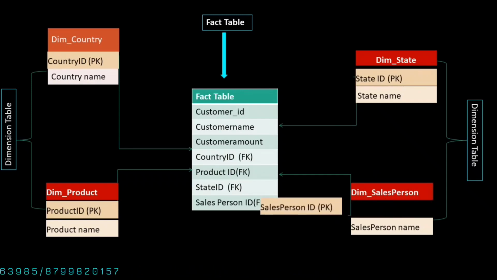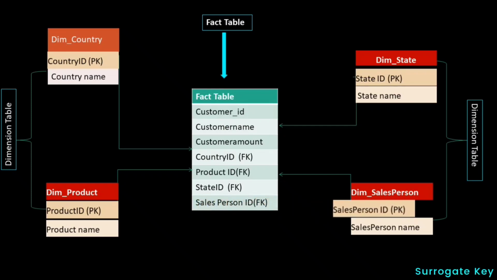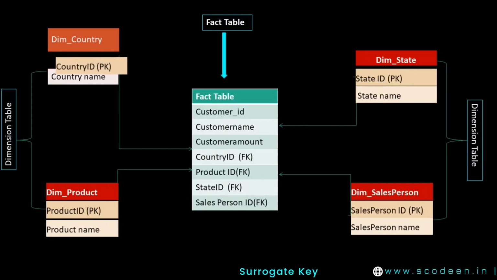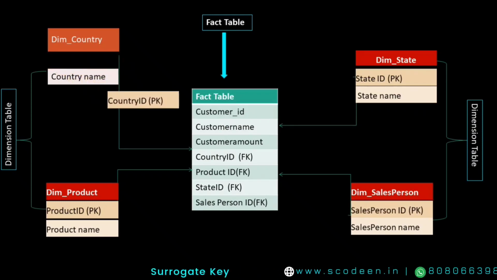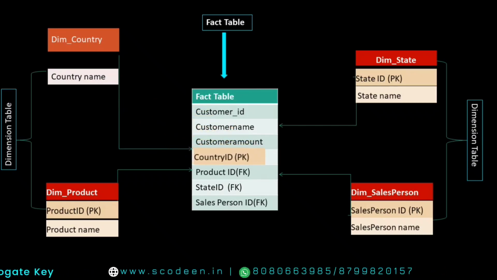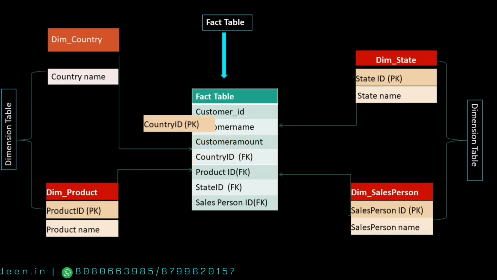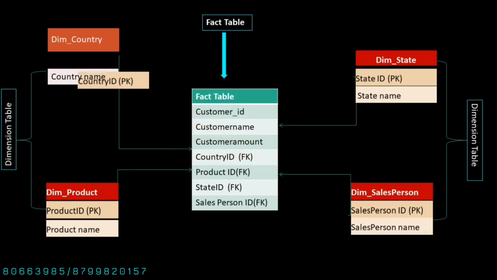Similarly, salesperson ID will be considered a foreign key in the fact table. This is a very important point. That means most of the keys in the fact table are foreign keys by nature. So all the primary keys in the dimension tables will be referred to as foreign keys in the fact table.